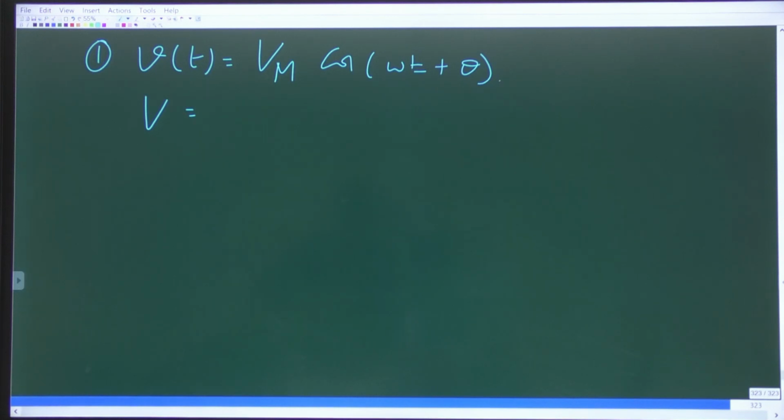If you multiply the phasor, which is a complex number, with e power j omega t, and then take the real part of the product, you will get back the original sinusoidal current or voltage. You cannot simply take the real part of the phasor. The phasor is complex. You multiply that complex number with e power j omega t, then take its real part, and you will get back the sinusoidal voltage or current in the time domain.